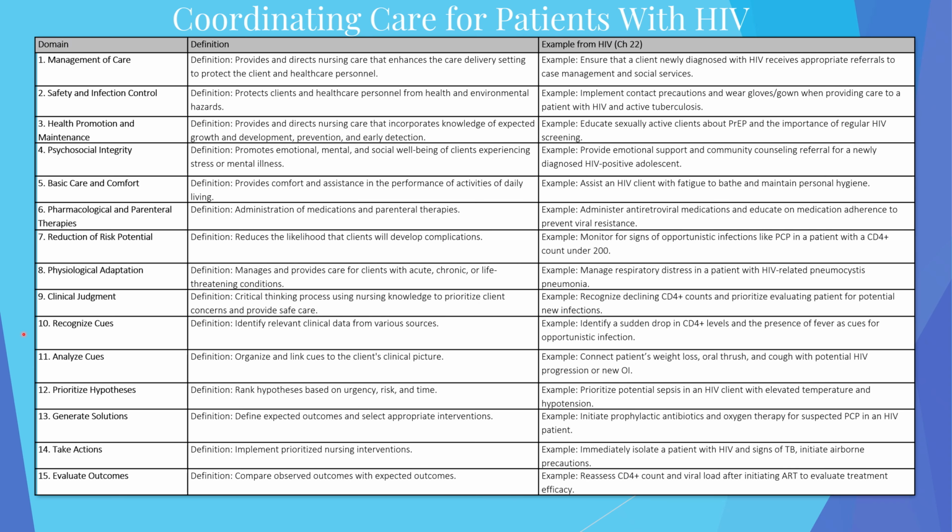Take action: immediately isolate a patient with HIV and signs of TB. Initiate airborne precaution. Evaluate outcome: reassess the CD4 plus count and viral load after initiation of ART to evaluate treatment efficacy. So let's go on to the next.